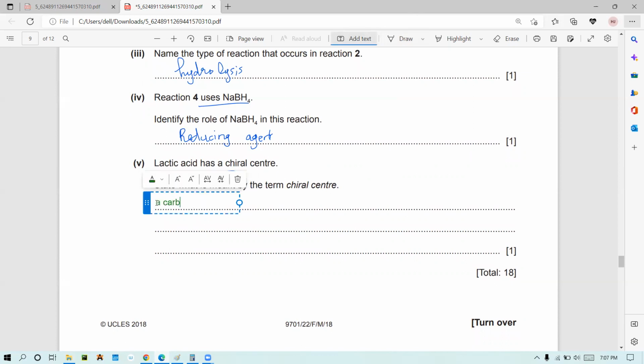It is a carbon atom with 4 different atoms or groups of atoms attached to it.